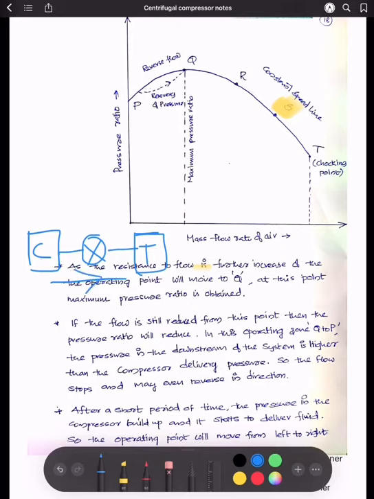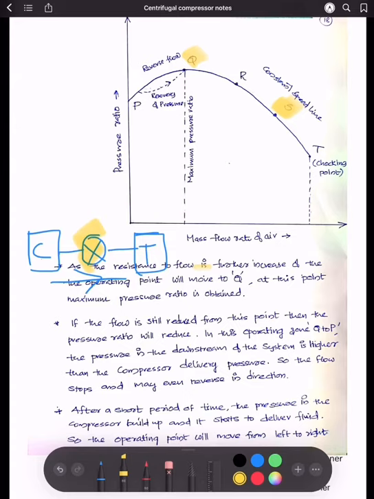Now when we decrease the mass flow rate, what happens? When we decrease the mass flow rate, the pressure ratio increases up to Q. Till Q, the pressure ratio increases. That is called the surge point.